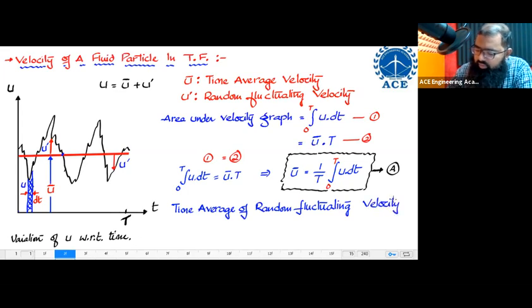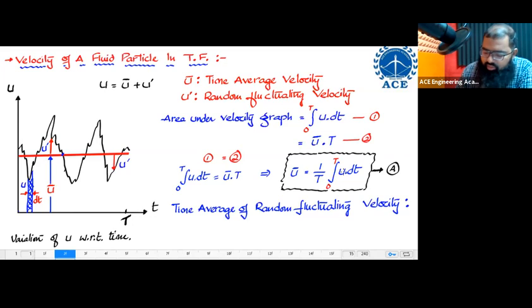What is going to be the time average of random fluctuating velocity? You see, the concept of time average, you please understand over here. Time average will be in the form of 1 by T integral 0 to T something times dt. Whose ever time average you want to find out, you put that something over here.